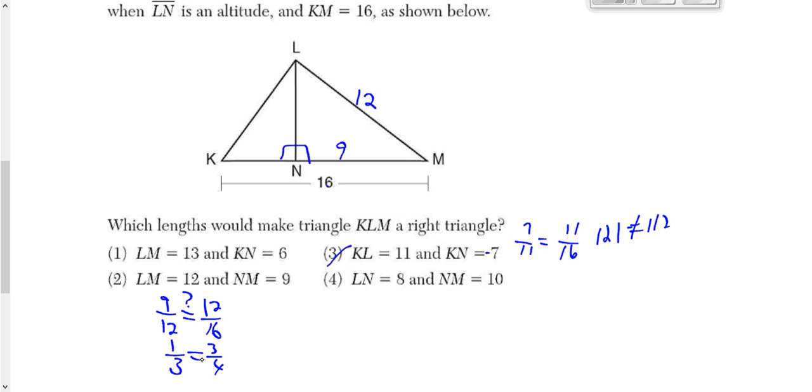Wait a minute, it should work out, right? Let's make sure we label it right. LM is 12. Where did I go wrong, guys? NM is 9. That's 16. So 9 over 12 equals 12 over the whole thing.